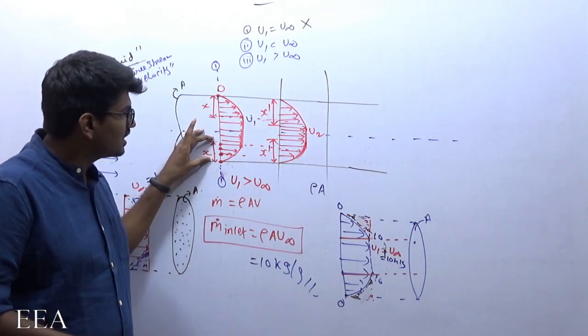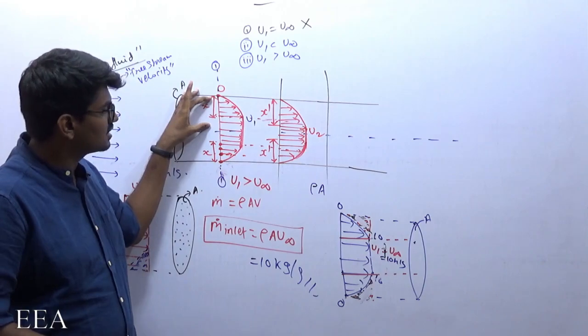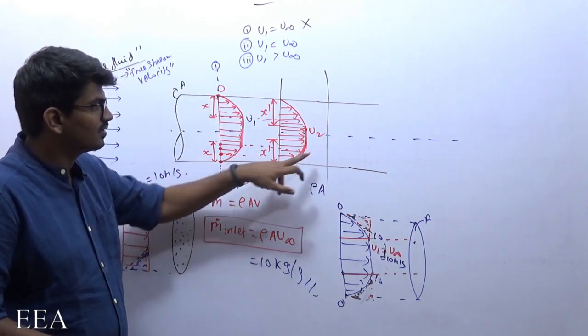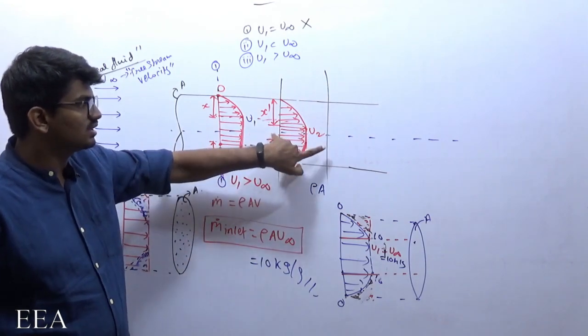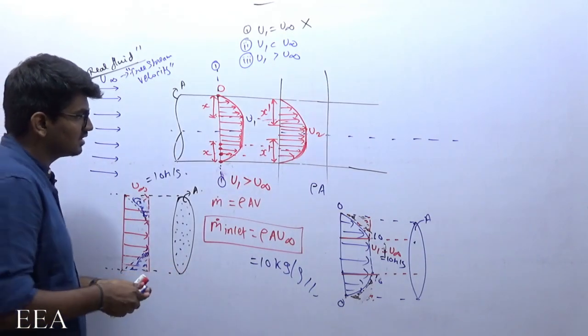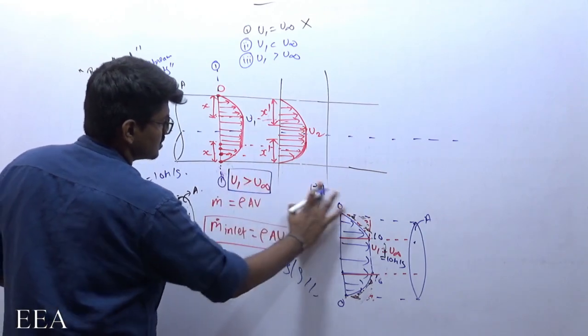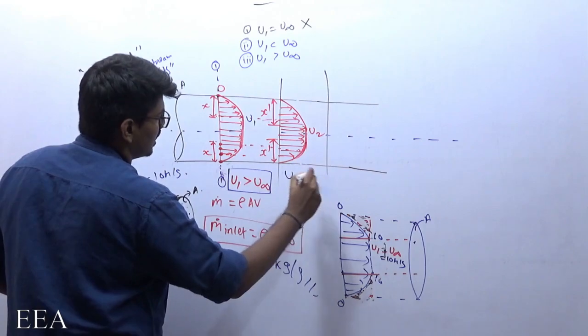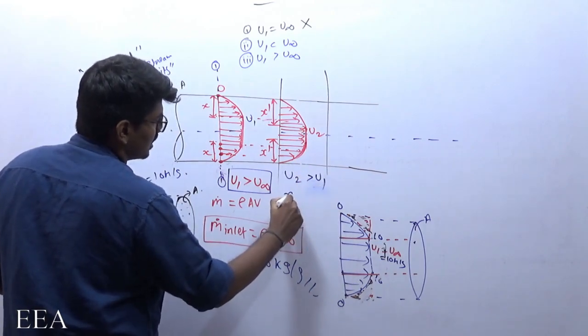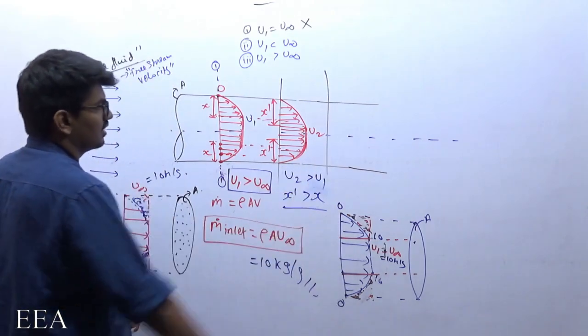Since the velocity profile is getting extended, I am losing more mass here. For compensating that, this velocity should increase, which clearly states u2 is greater than u1 and x dash is greater than x.